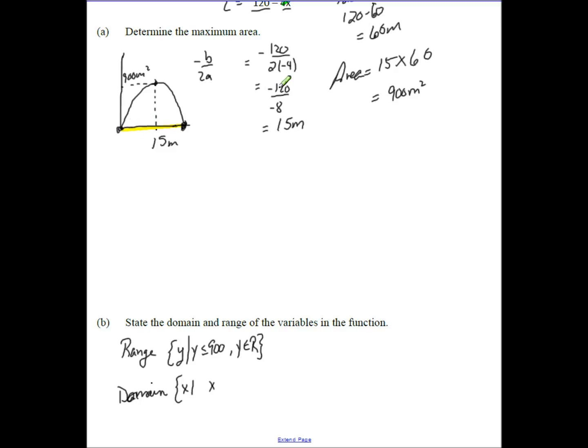We don't need to do anything to figure that out except realize that if the axis of symmetry is 15, and it's 15 to the middle, there must be 30 to the end. So x is less than or equal to 30, greater than or equal to 0, and the x values belong to the real numbers.